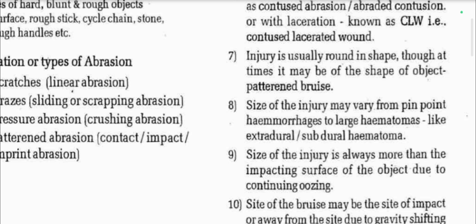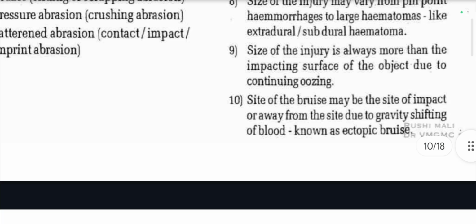Size of the injury may vary from pinpoint hemorrhages to large hematomas like extradural or subdural hematoma. Size of the injury is always more than the impacting surface of the object due to continuous oozing. Site of the bruise may be the site of impact or away from the site due to gravity shifting of blood, and that is called ectopic bruise.